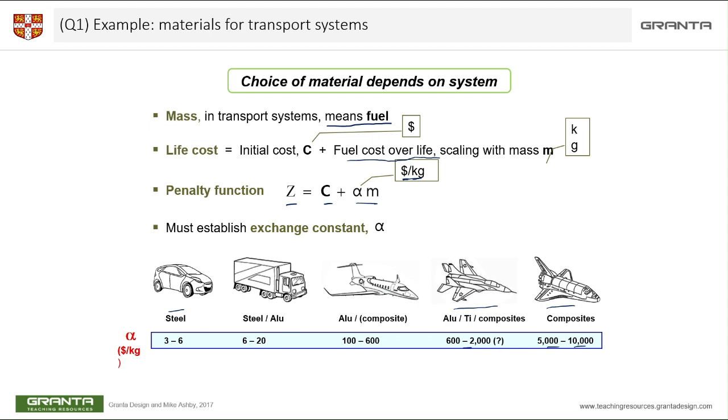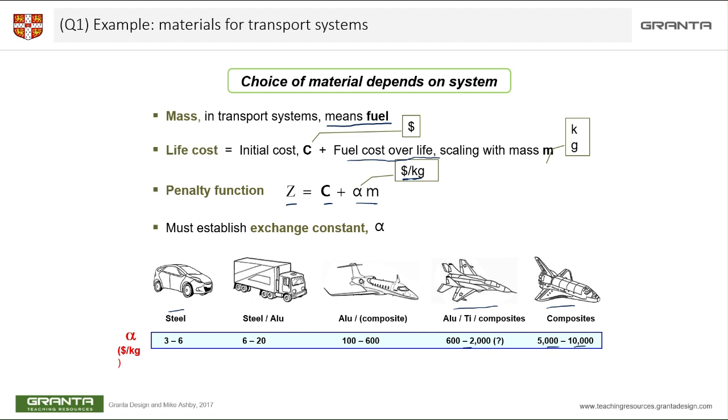Because the amount of fuel that a commuter car burns is relatively small if you compare it with, for example, a jet engine or a spacecraft, right? So the amount of fuel that you are going to save by making it light is quite small. And similarly, you may make the actual vehicle small, but then there may be an extra passenger which will simply offset whatever advantage you got.